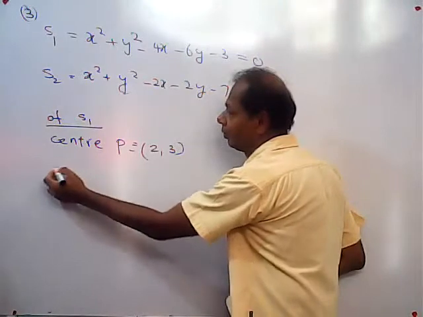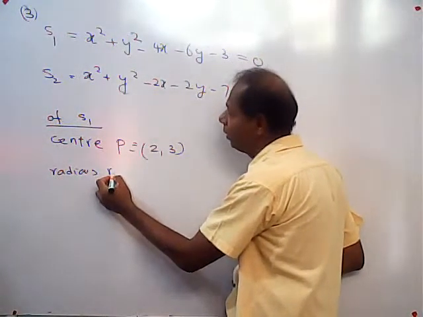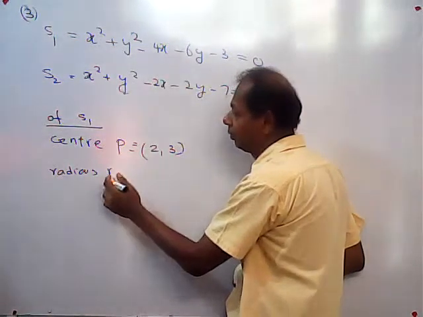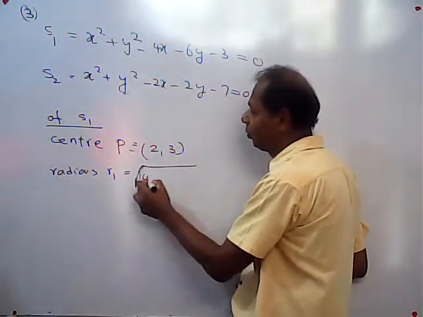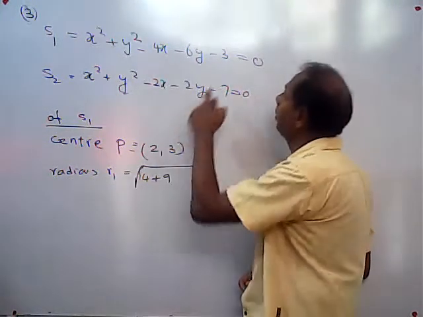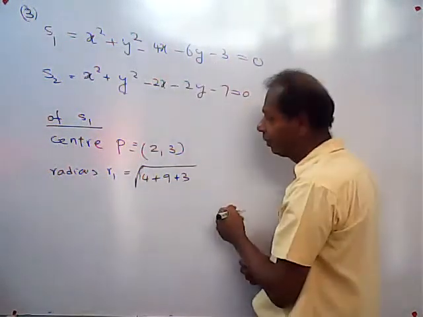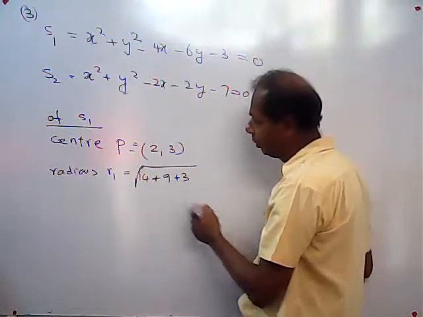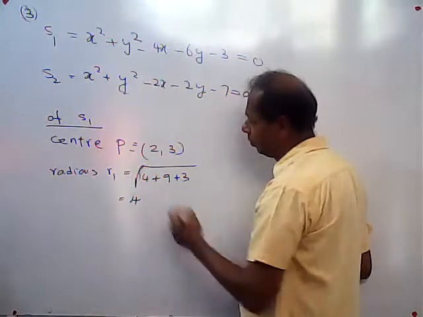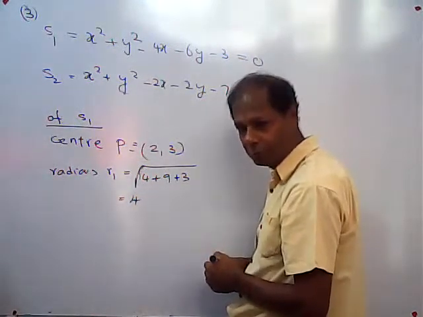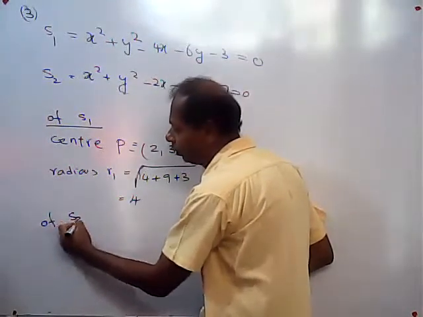Radius R1 is equal to root of 2 squared, 4, plus 3 squared, 9, plus 3, which is root of 16, equal to 4. Radius is 4.